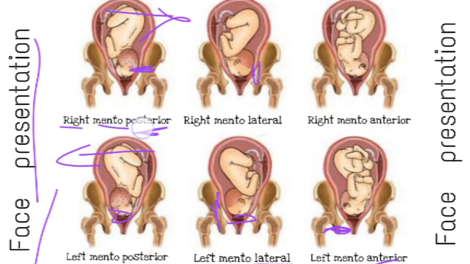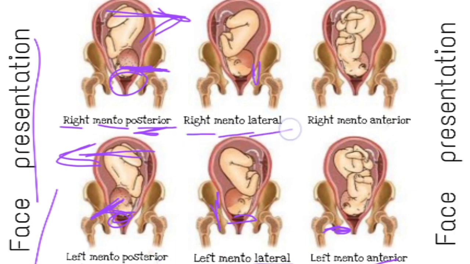Right mento posterior: right side, the face is visible, mento, and the head is facing upwards, posterior. The same way here, the baby is on the left side, mento is visible, and facing upwards, posterior position: left mento posterior.